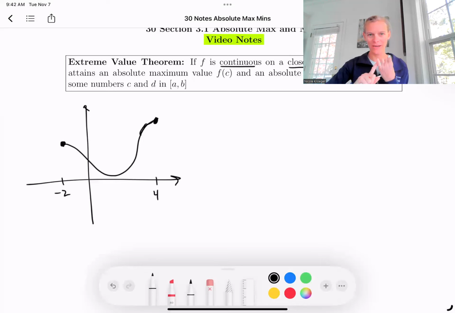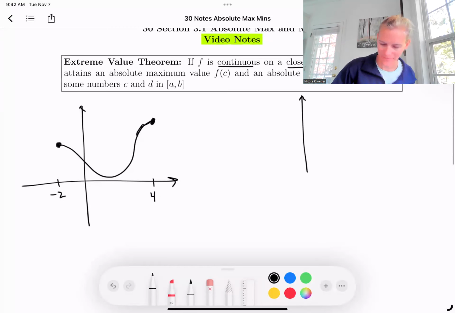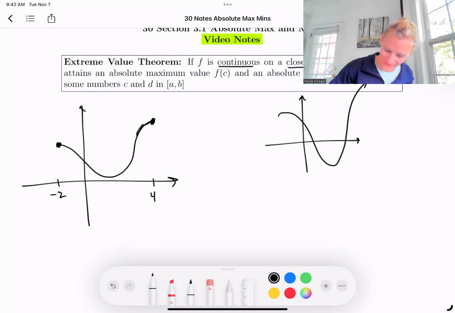So if we have a continuous function on a closed interval, then the extreme value theorem says that our function has an absolute max and an absolute min somewhere on the interval. And if we think about how this compares to the other things we were doing, somebody asked me in class, well, what about something like this? This function does not have an absolute max.